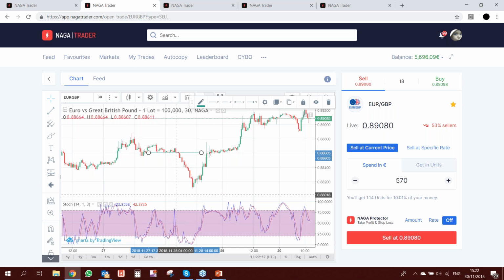We see a break on the stochastic below the oversold, and then we can confirm this with the price breaking and rallying to the downside. This can also be confirmed exactly on the next step. We also have a break on the upside, and we can see a rally also to the upside. This is how stochastic tends to provide signals.